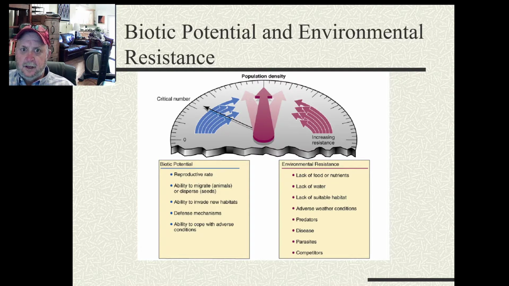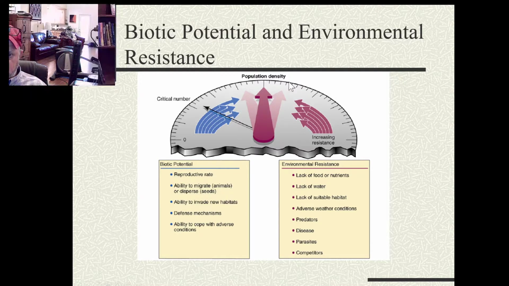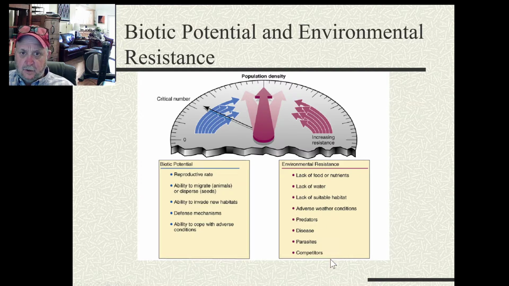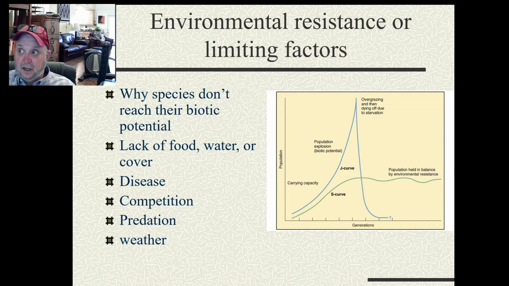I've seen them called resistance factors, welfare factors, limiting factors. I don't really care what you call it, but just realize that all of these can really limit a population size. And thank God they do, because otherwise there wouldn't be any space left to sit.